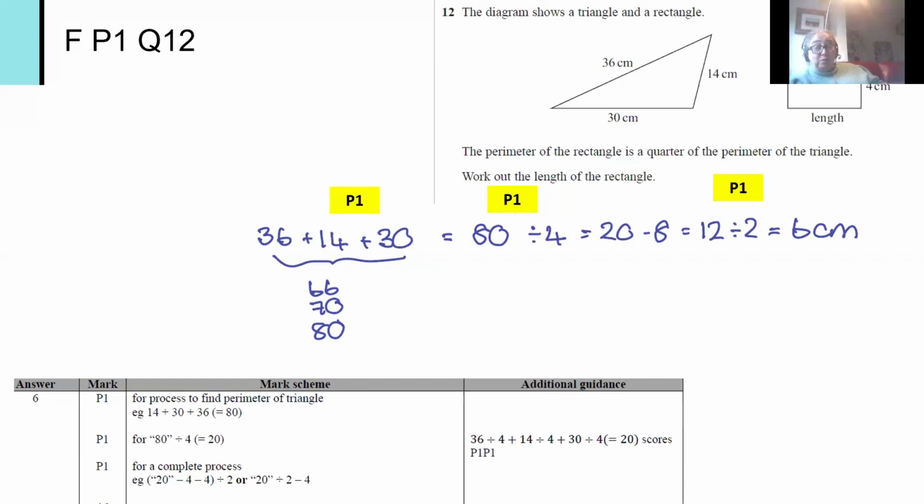So we condone the incorrect use of the equal sign because we know that 36 plus 14 plus 30 does not equal 6 at the end. But that wouldn't be positively marking the students' responses. But it did make me chuckle because I thought, how many in-range maths teachers can I get?